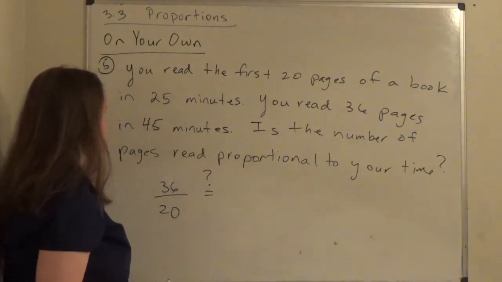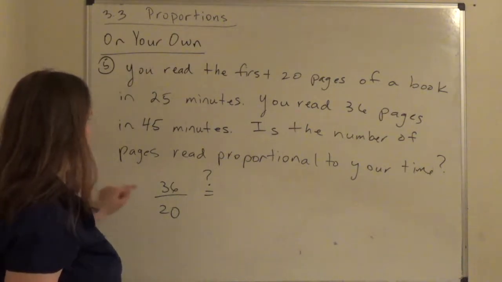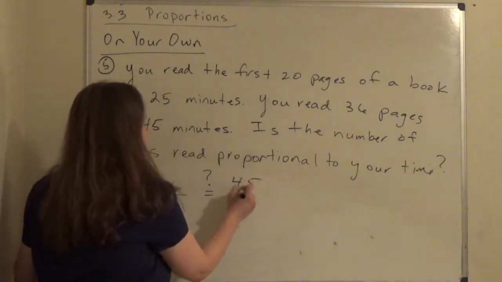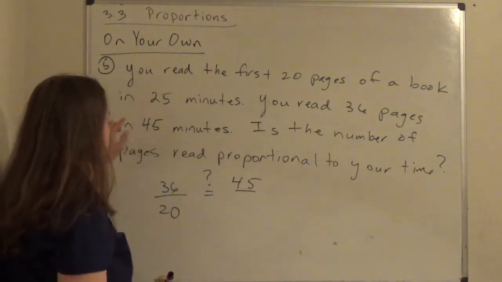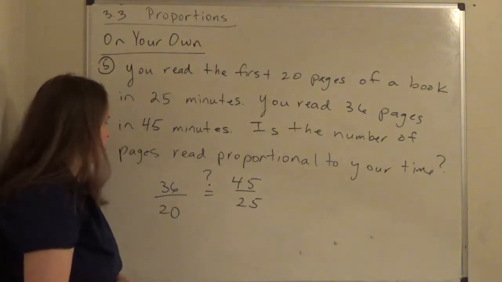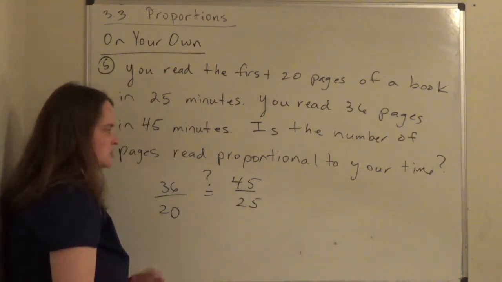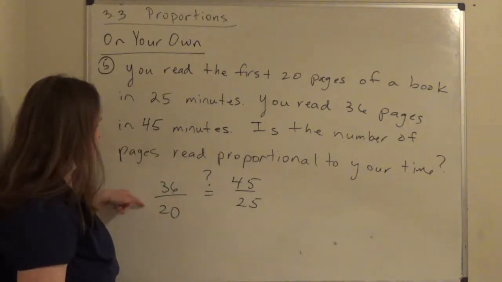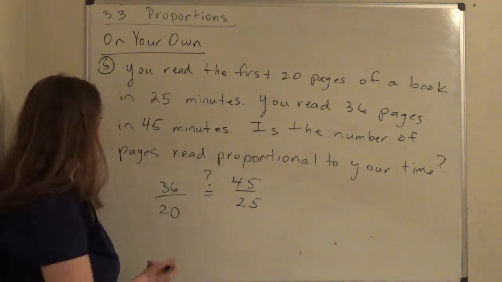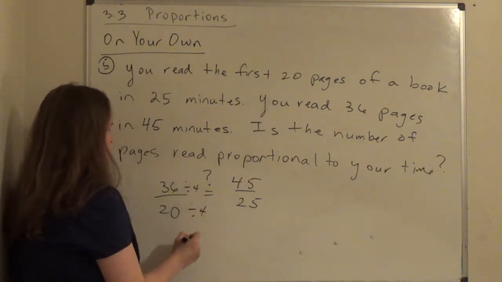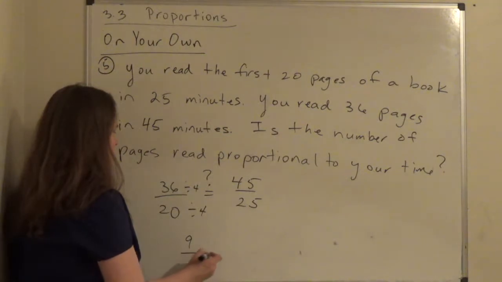And then the minutes that I spent doing this, the 36 pages I read in 45 minutes. The 20 pages I read in 25 minutes. Okay, so if I try to get a unit rate for these, or let's say I just put them in simplest form, over here, these are both divisible by 4. So I'll divide by 4 and get 9/5 or 9 to 5.